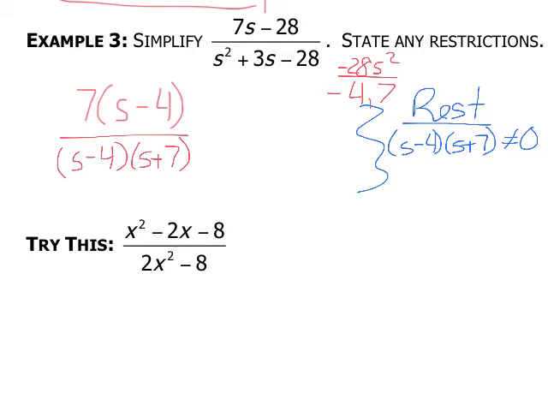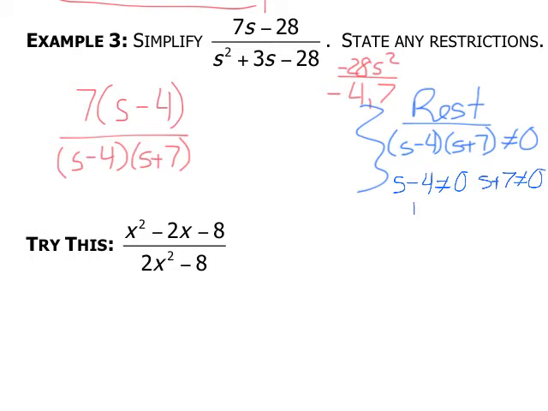Just like when we were finding zeros, in order for this whole thing to be 0, either this piece could be 0, this piece could be 0. Well, now I'm doing the opposite of that. So in order for none of this to be 0, this cannot be 0 and this cannot be 0. So I set up my two equations. S minus 4 cannot be 0, and S plus 7 cannot be 0.